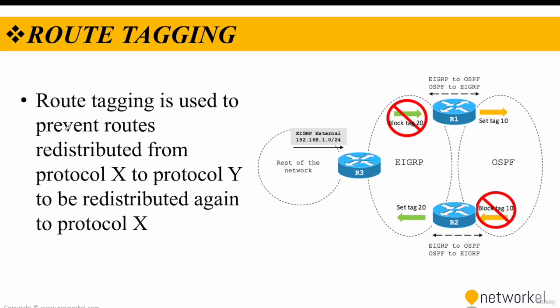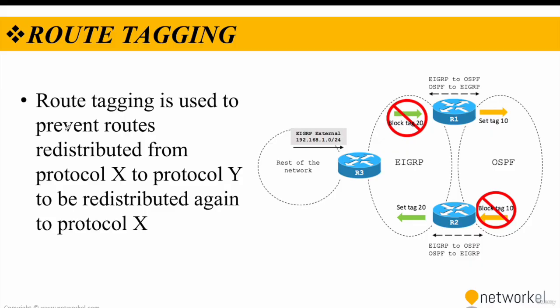And lastly, we have route tagging. Route tagging is a technique used in routing protocols to attach a tag or label to the route. This tag is a value that can be used to influence routing decisions, filter routes, or implement routing policies. Here we have two purposes.